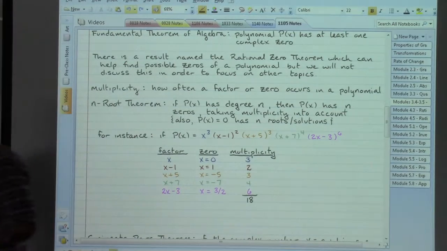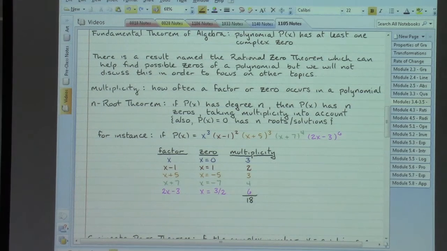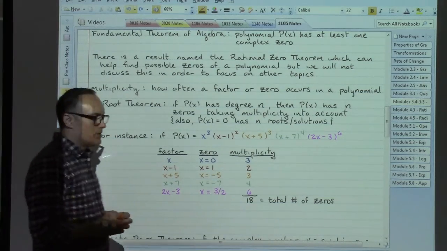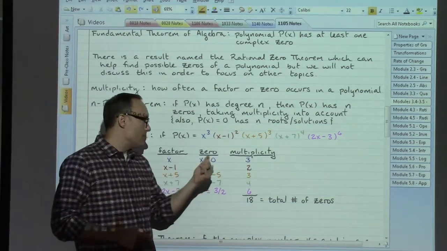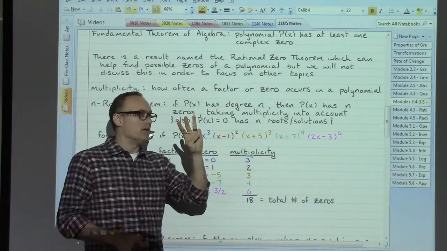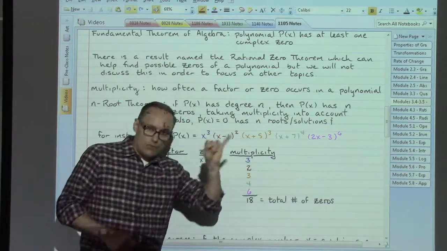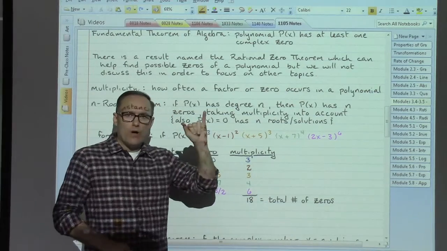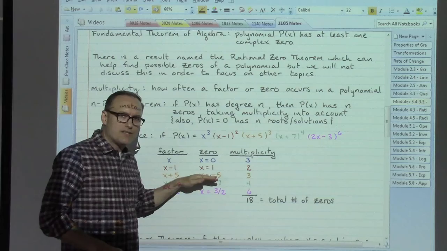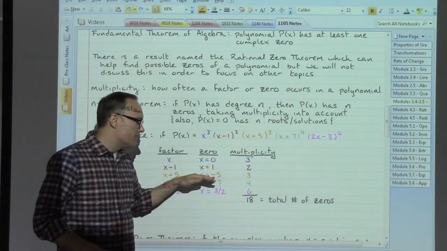We've got 18 as our total number of zeros. So we're counting the ones that repeat. So x equals 0, x equals 0, x equals 0 again. x equals 2, x equals 1, x equals 1 again. x equals negative 5, x equals negative 5, and x equals negative 5.